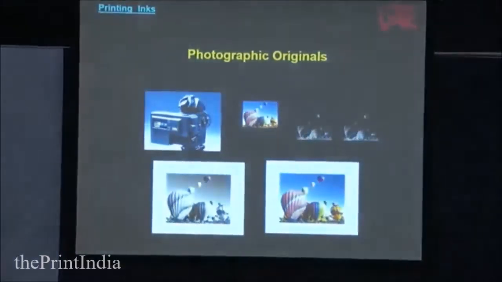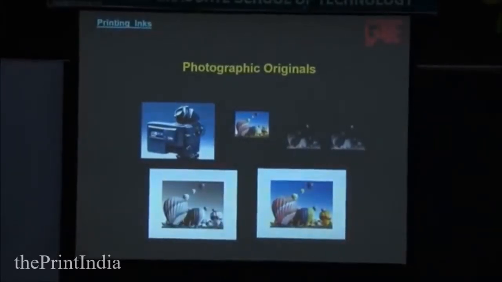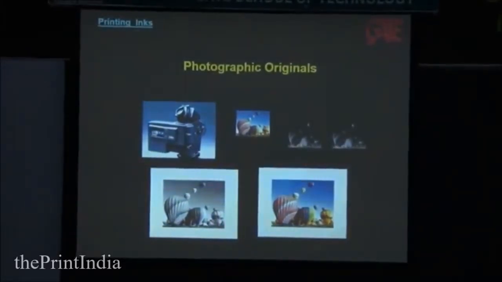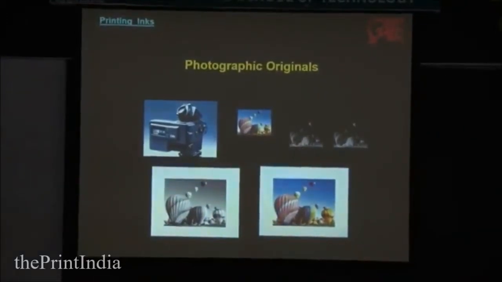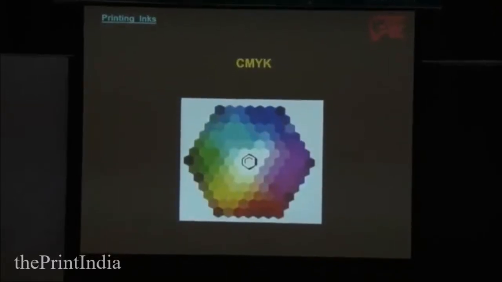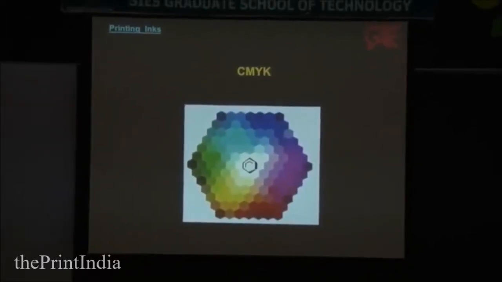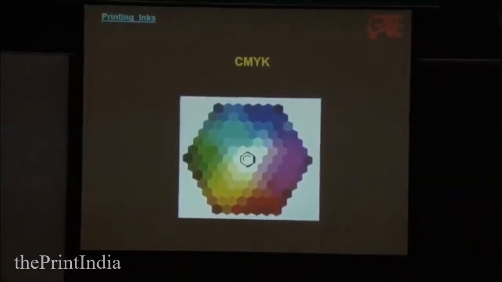It also needs some kind of discipline, some kind of standardization, some kind of systematic approach. So whatever we get from various sources, in printing we use 4 inks, sometimes just 2, sometimes just single ink, sometimes more than 4 colors, and we try to create all that impression within those given inks.